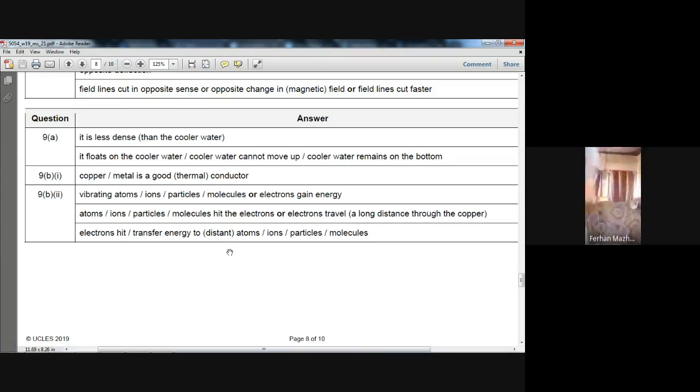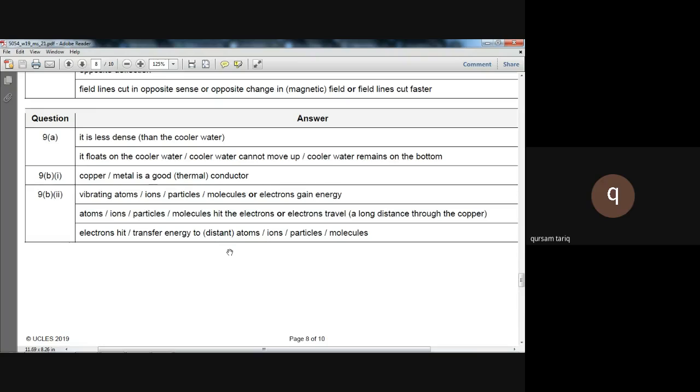Shabash, shabash. Kursam: it is less dense than the cooler water. Hot water and cold water have different densities.